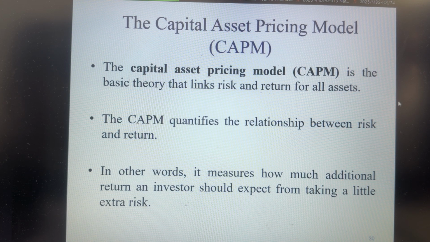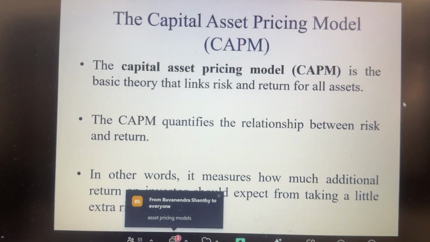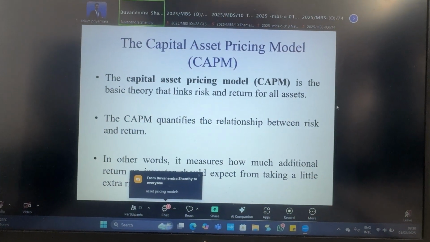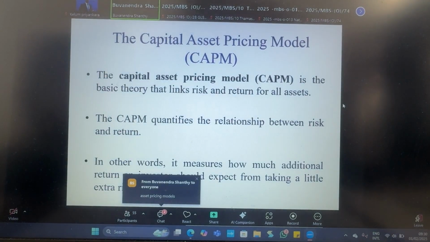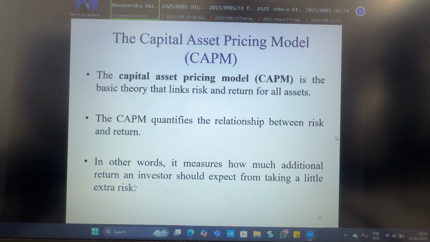If you go through the finance literature over time, a lot of models emerged. This is the first asset pricing model that emerged, in the 1960s. William Sharpe initially explained this model, how we can take the expected return and systematic risk relationships.